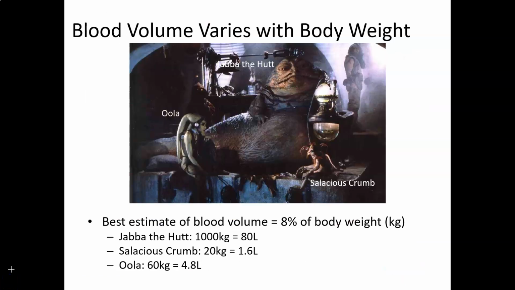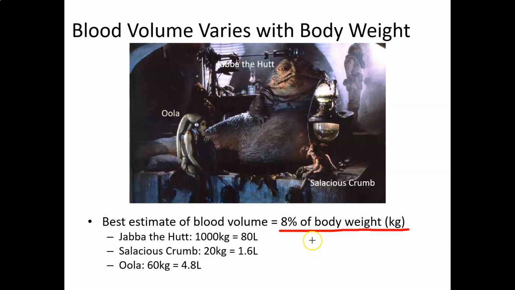A better way to look at blood volume, because it's dependent upon weight, is not to say, okay, it's 5 to 5.5 liters. And that's true for that mythical male model we talked about. But the best estimate of blood volume is 8% of body weight in kgs.